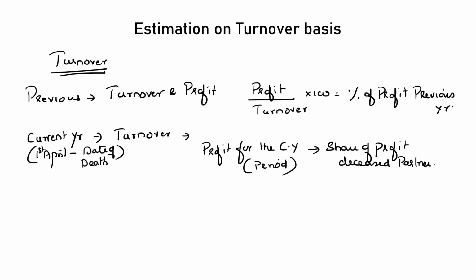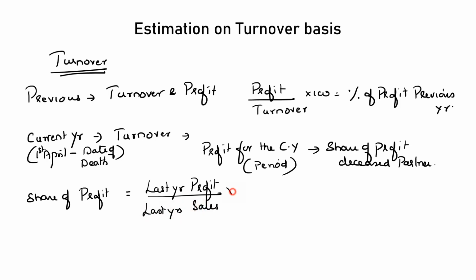If I give you a formula for this, share of profit would be equivalent to last year's profit by last year's sales, into the sales till date of death of that deceased partner, into profit share of the deceased partner.